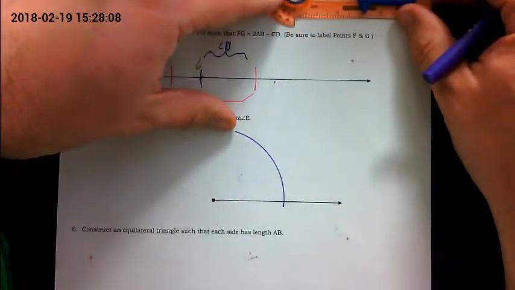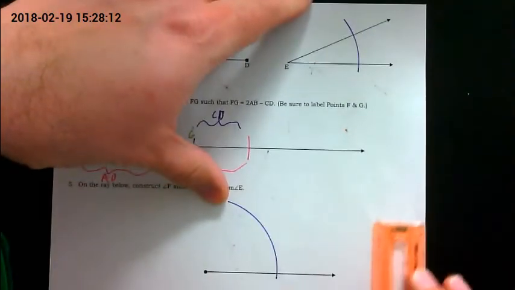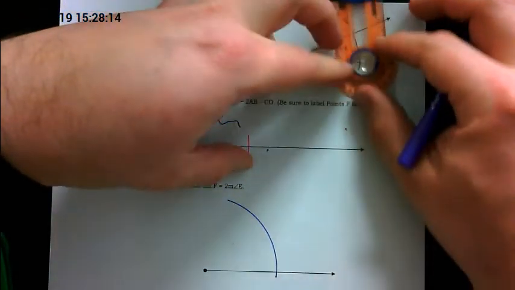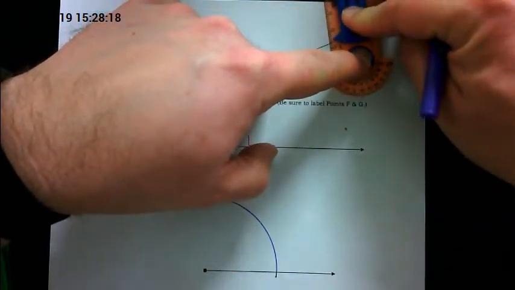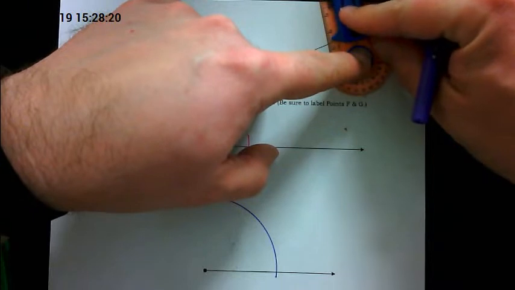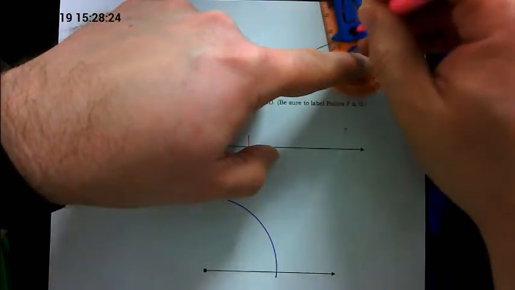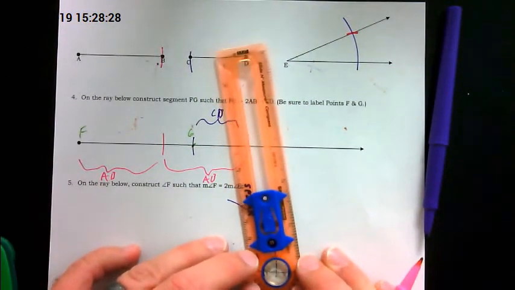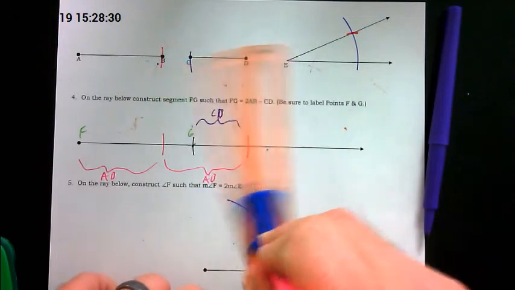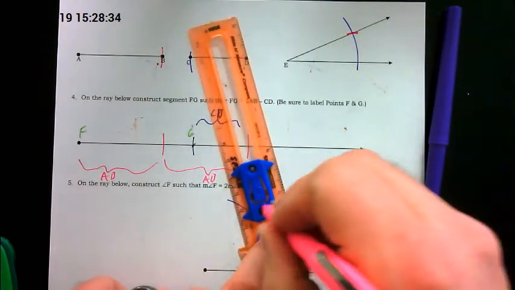Same thing up here. So I've got to do that on both angles. Again, it doesn't matter that measurement to start off, and then once you have that arc done, adjust your compass so that you can see the angle, mark it off on here, mark it off again.